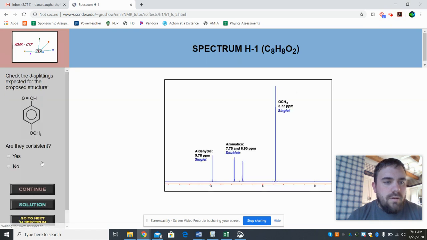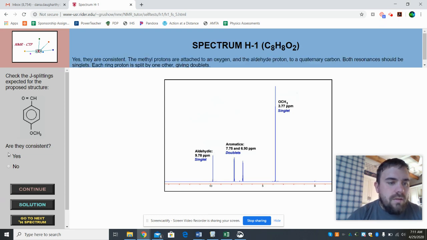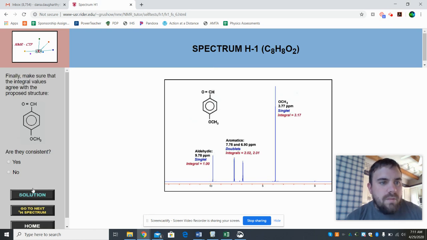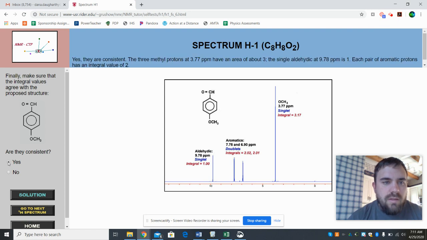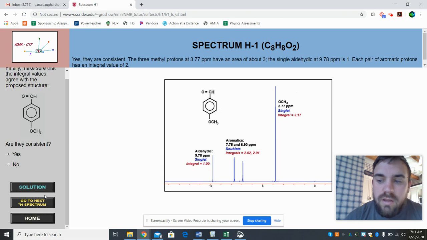And then check the J splittings. We already talked about that. It is consistent, yes. And it talks about why it's consistent. The integral values, you can check those. Yes, they are consistent, and then we are ready and done with that problem.